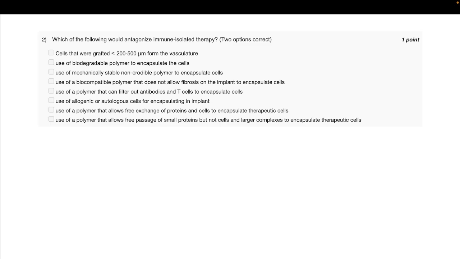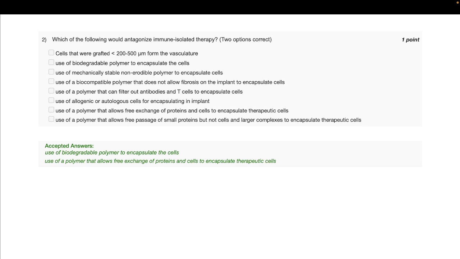Next question was, which of the following would antagonize immunoisolated therapy, meaning which will be a disadvantage to this therapy? And the right answer was use of biodegradable polymer to encapsulate the cells, which is what we don't want, because if the membrane starts degrading, it will allow the immune cells of the patient's body to attack the cells which are encapsulated in this implant.